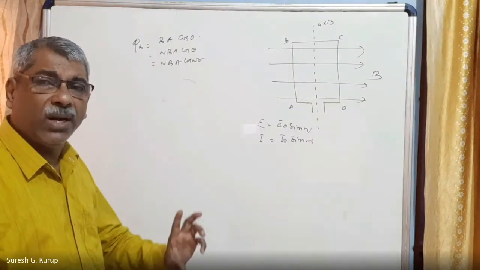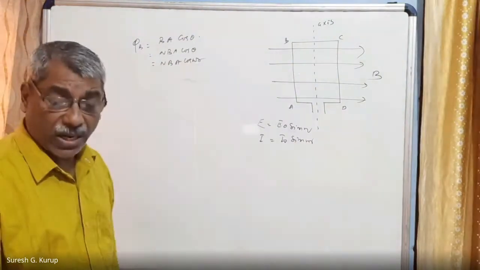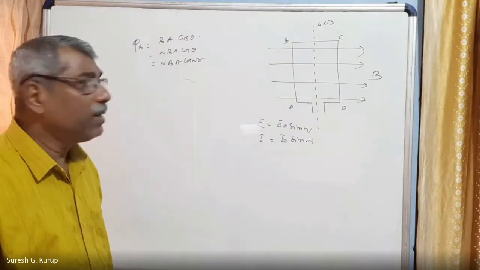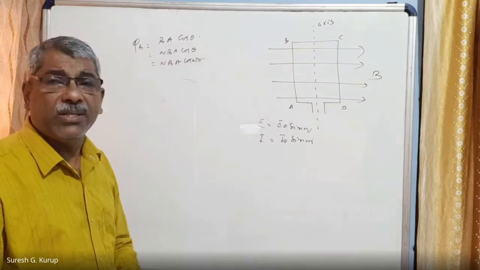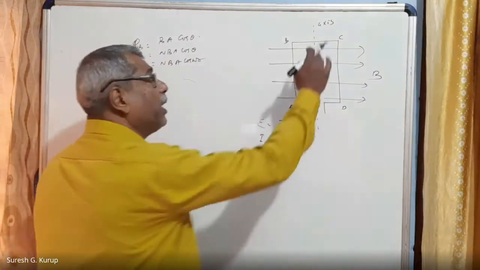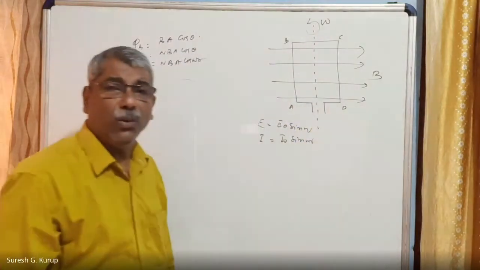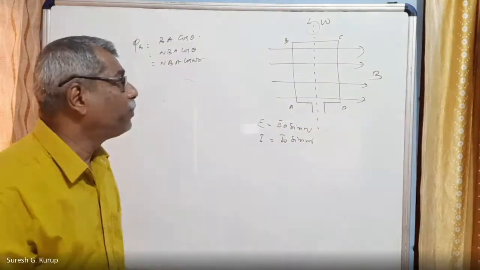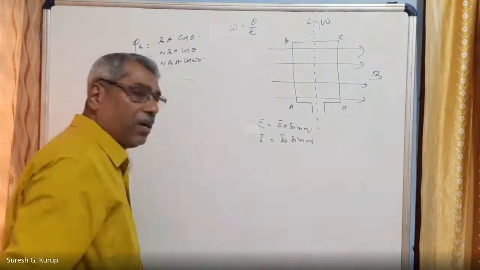If the coil has N number of turns, then this is equal to N B A cos theta. Suppose the coil is rotating with a constant angular velocity omega, then omega is equal to theta by t.